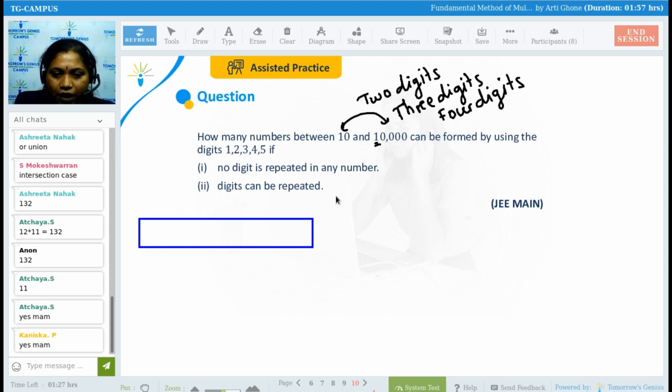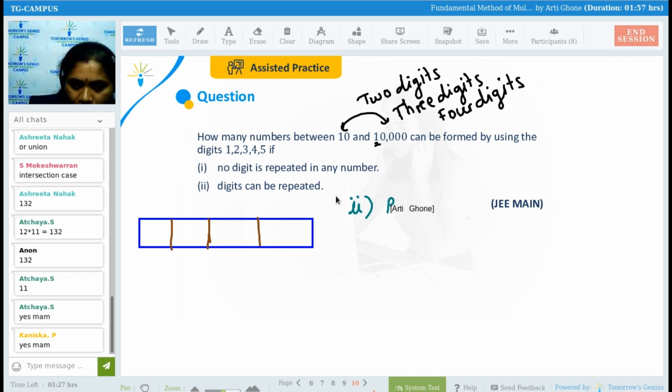Clear? Now if repetition is allowed, see. I'm keeping the repeated case first.